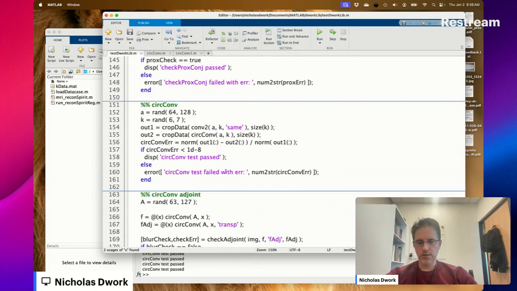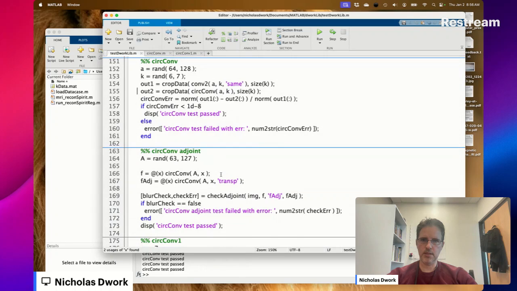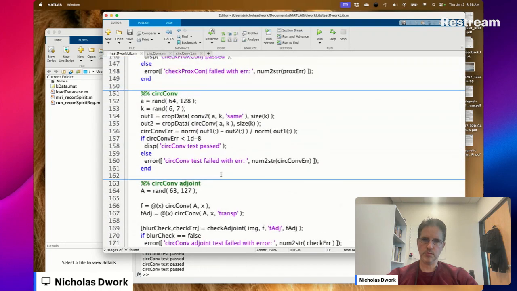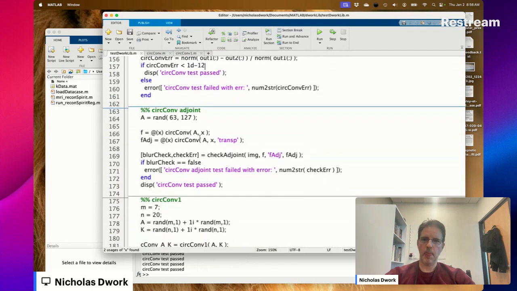Luckily, circular convolution is associative, so it doesn't matter what order you put in the arguments. It's matching. Matches the results. Yeah, it matches.